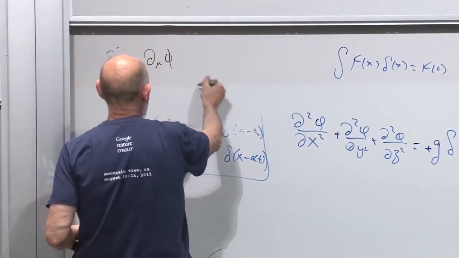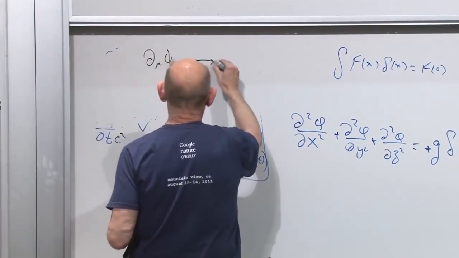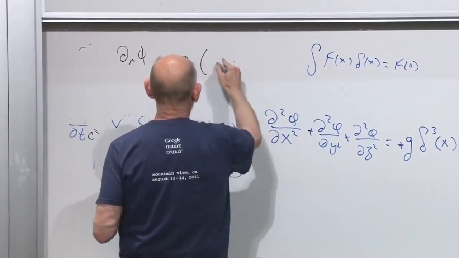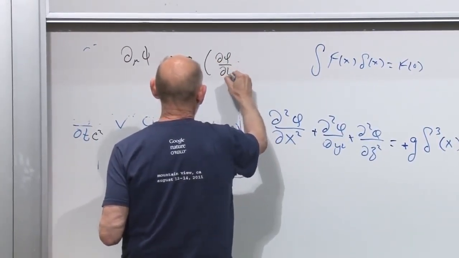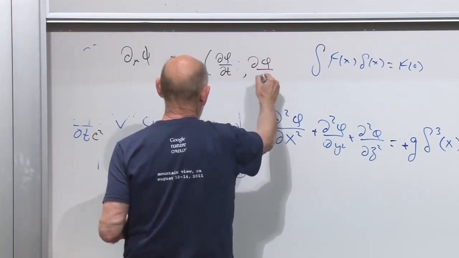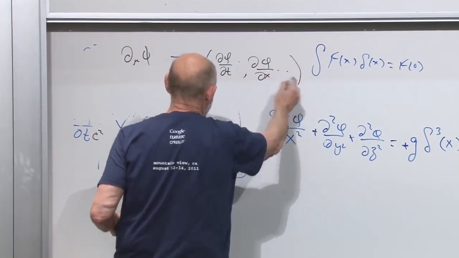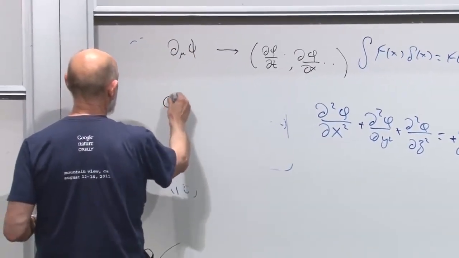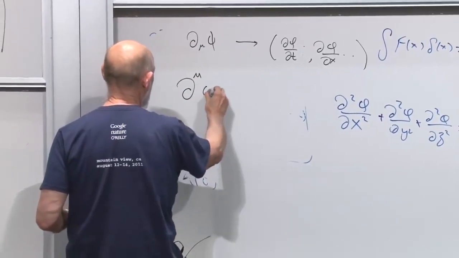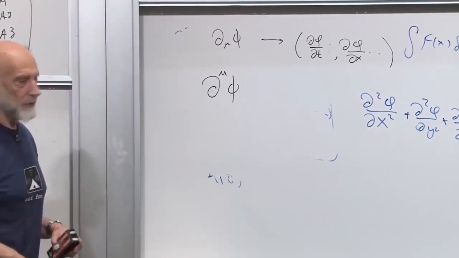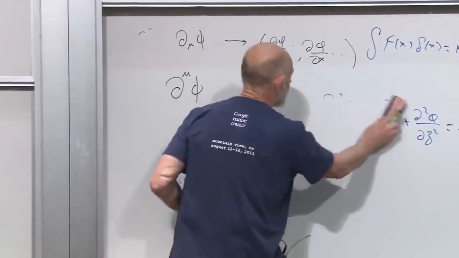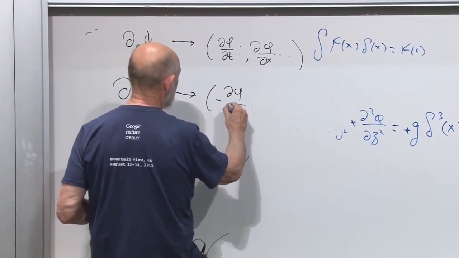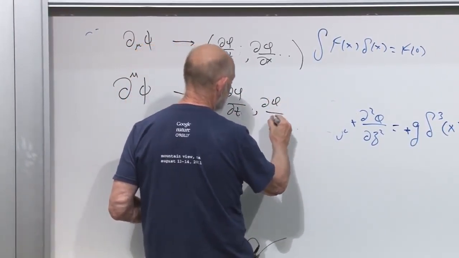D mu phi stands for the complex of things dt phi, or d phi by dt, and d phi by dx, y, and z. What about this new symbol, d mu phi, with the index upstairs? It's the same set of things, except minus d phi by dt and d phi by dx.